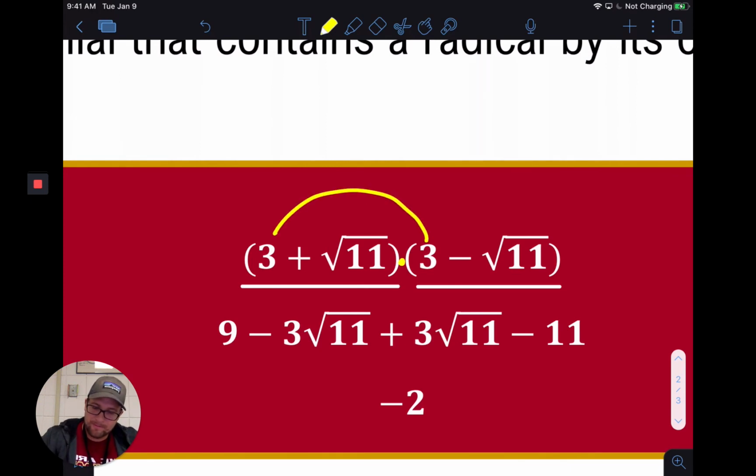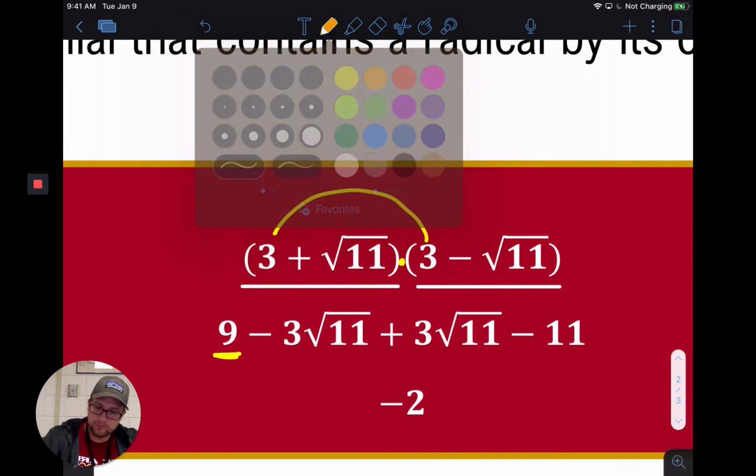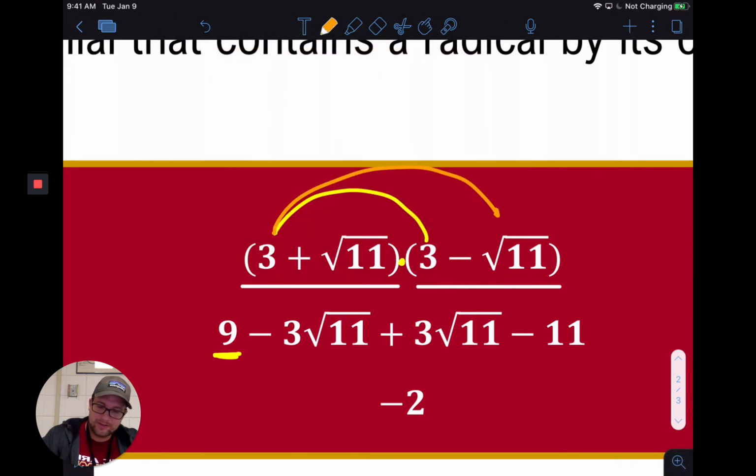3 times 3 gives us the 9. 3 times a negative square root of 11 gives us a negative 3 square roots of 11. When I multiply the square root of 11 by 3, I'll get a positive 3 square roots of 11.